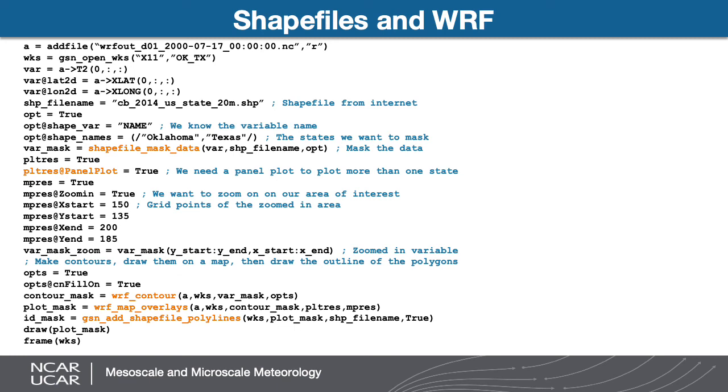So we're going to set some options to true, and we are going to say that we want our contour fill on. Next, we're going to make a contour of the masked area that we created using WRF_contour. And we're going to use WRF map overlays to plot that on top of a map. And then we're going to also draw our shapefile polygon lines that we read in.